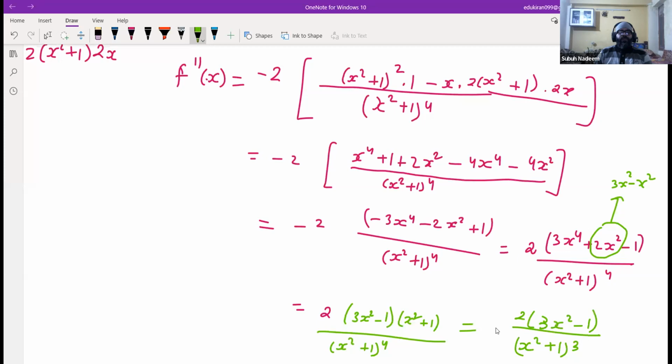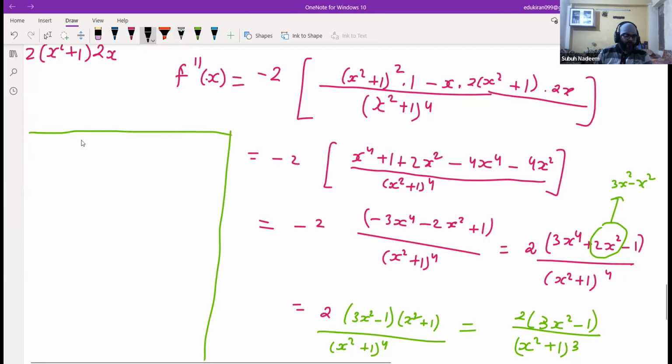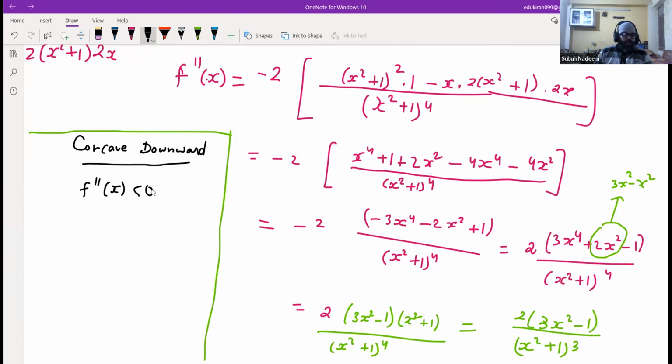Now they are saying that it should be concave downward. So if it is concave downward, f double dash x is less than 0, which means 2 into 3x square minus 1 by x square plus 1 cube should be less than 0.